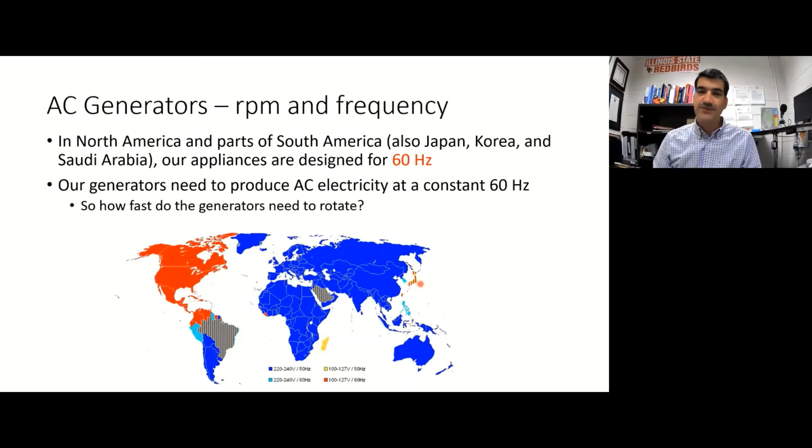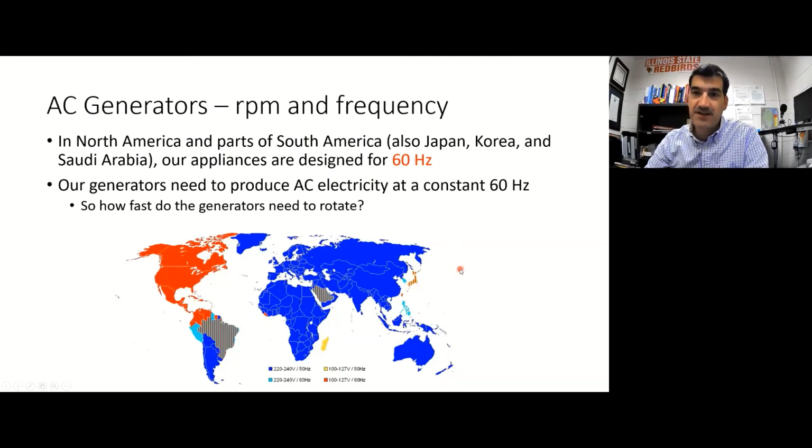Basically, the way it goes is that the southern part of Japan, long time ago, early in the 20th century, when the electric grid was being developed, purchased electricity generation equipment from companies in North America, whereas the northern part of Japan purchased electrical generation equipment from companies in Europe, specifically Germany.